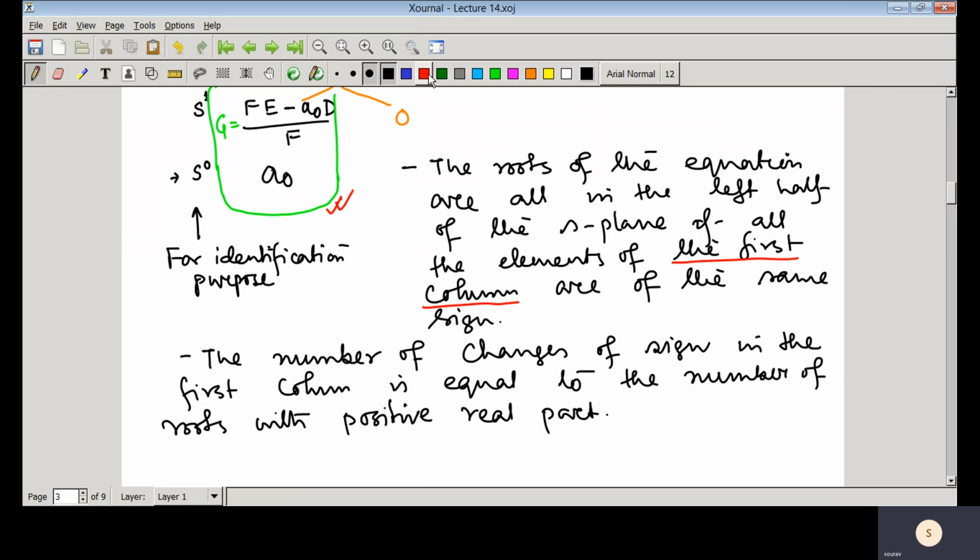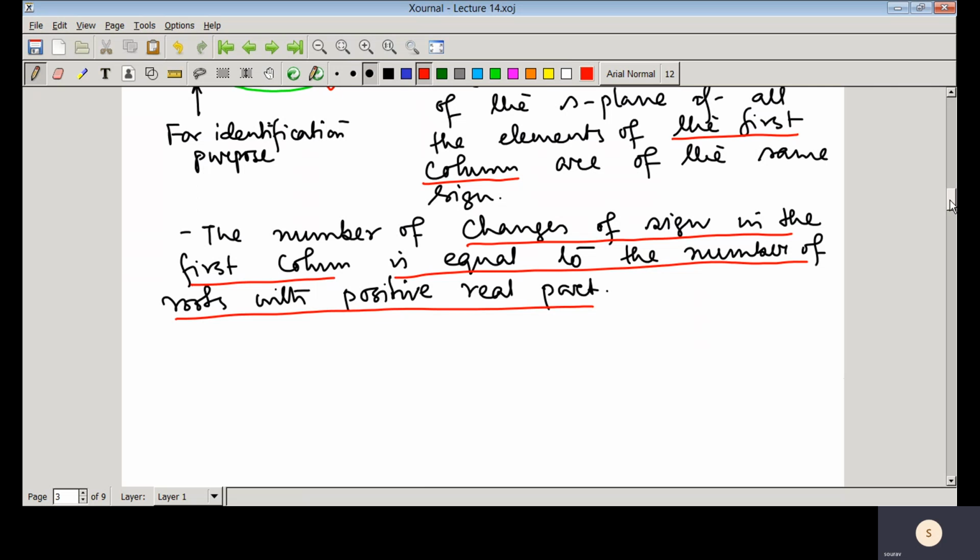That means those are actually unstable poles. So the changes of sign in the first column is equal to the number of roots with positive real part. Those roots are unstable roots, so the system has that number of unstable poles.